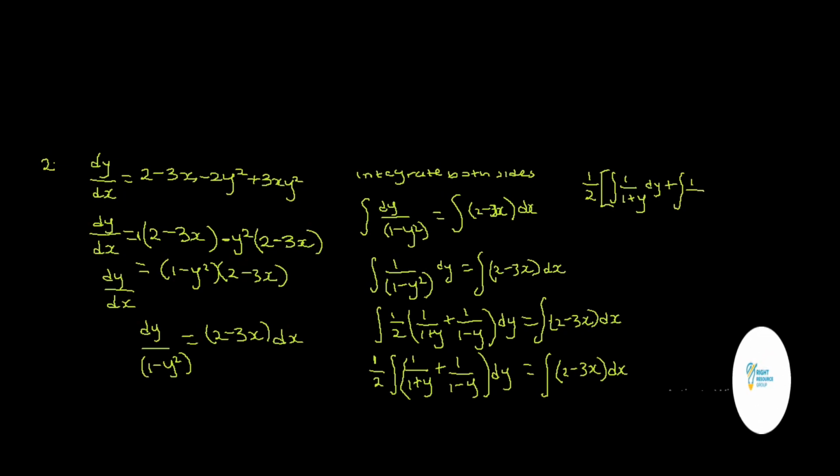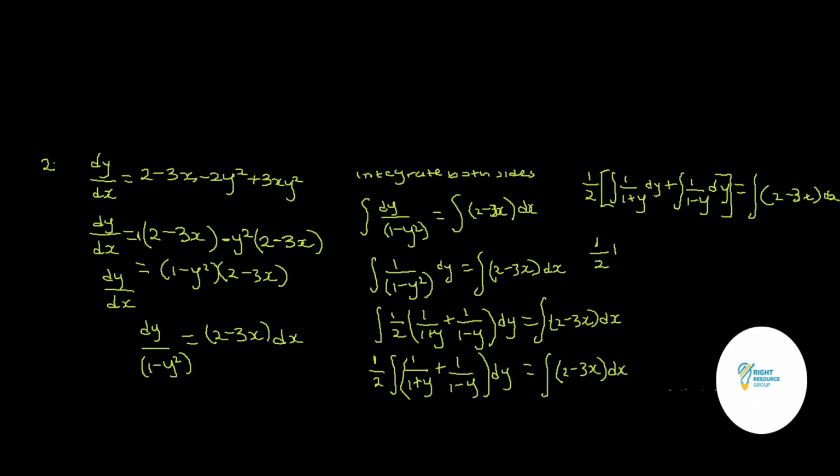This is 1 over 1 minus y dy equals the integral of 2 minus 3x dx. Okay, I need to close this bracket. Let's close it. Now when we integrate it just the way I did the earlier one, we have 1 over 2 ln of 1 plus y.